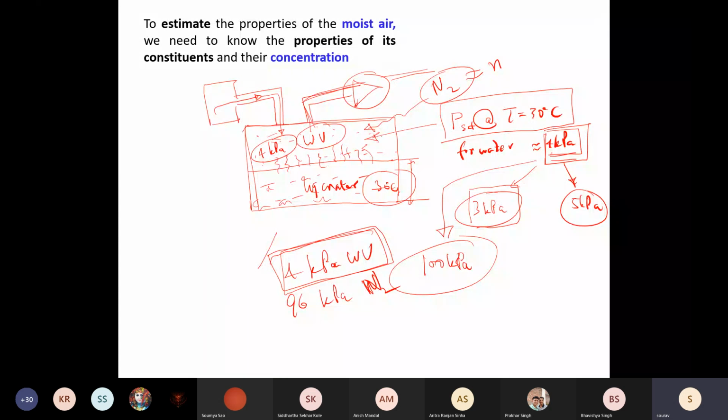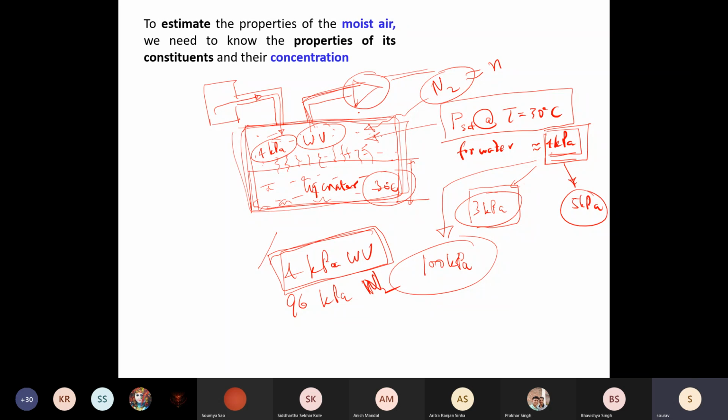Even if you introduce any amount or any composition of other gases into this container, the equilibrium partial pressure of water vapor is going to be still 4 kPa as long as the liquid water is at 30 degree and the entire system is maintained at this temperature. If you have a temperature difference between the water vapor on top and the liquid water here, then it becomes complicated. For the time being, assume that this entire box is an isothermal box.